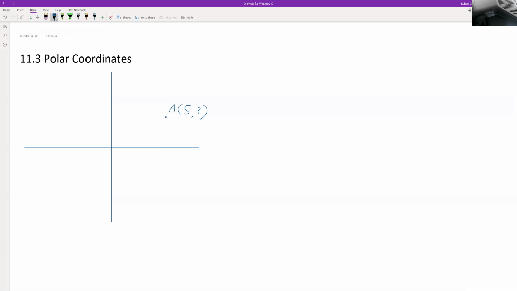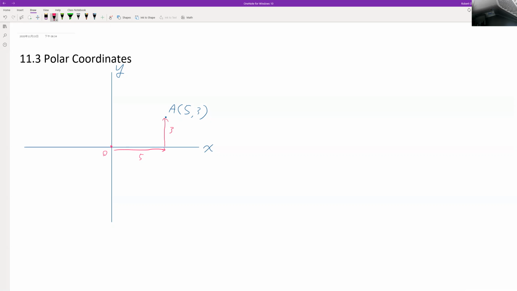Let's say I have the xy plane, right? And then we have a point on the xy plane, point A, with the coordinates 5, 3. So what the coordinate is telling us is in order to travel to this point from the origin, we have to travel 5 units to the right, and then three up.